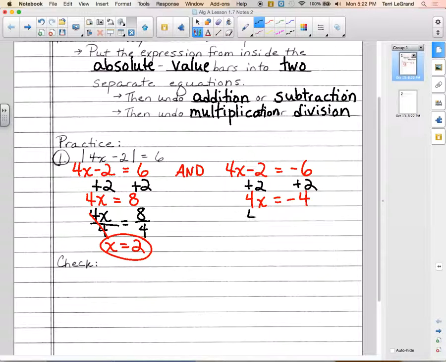Now we need to divide both sides by that 4 that x is being multiplied by. And we will have our other solution, which becomes x equals what negative 4 divided by 4 is. Negative divided by a positive is a negative. 4 divided by 4 is 1. There's our other solution. X equals negative 1.